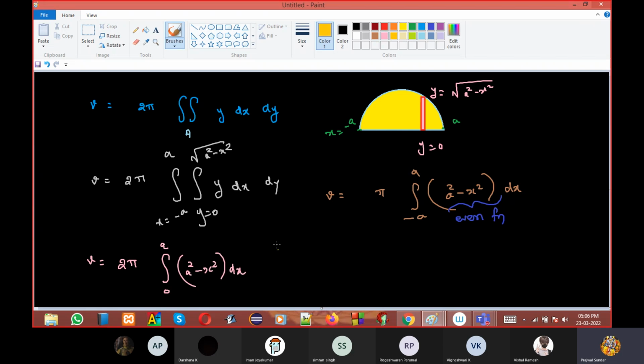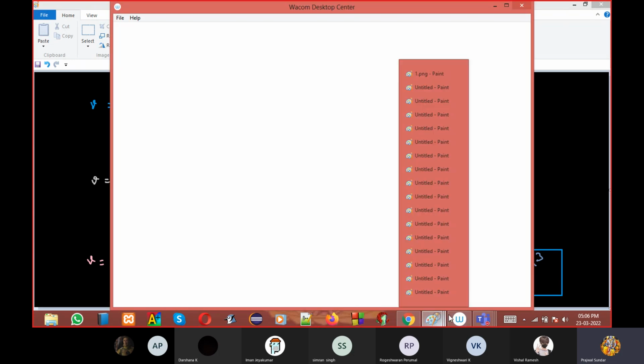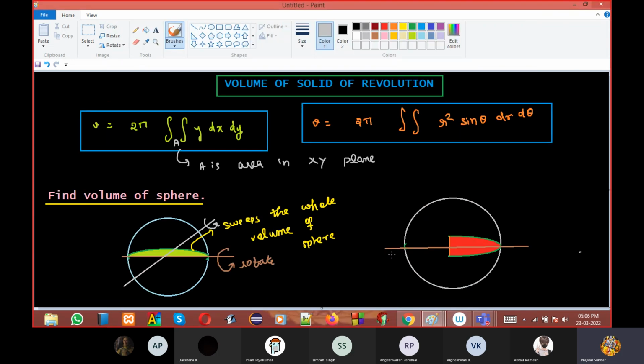Volume we are getting as 2 pi into a cube minus a cube by 3. You are getting, no? See, volume is what? 4 by 3 pi a cube. See, you're rotating the 2D thing along 3D and you are getting the full sphere.